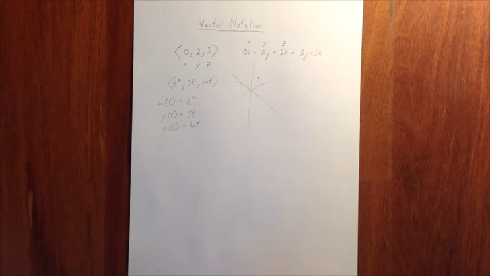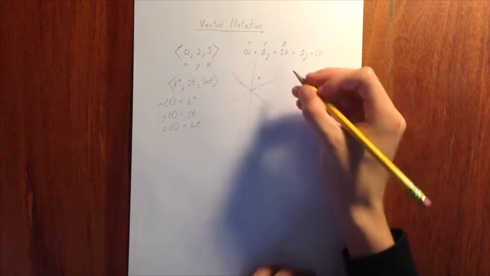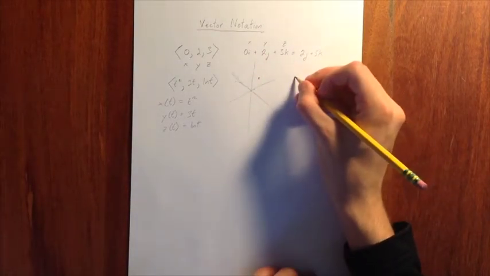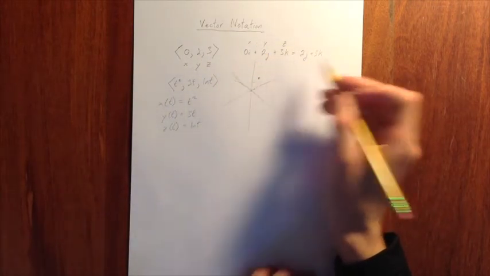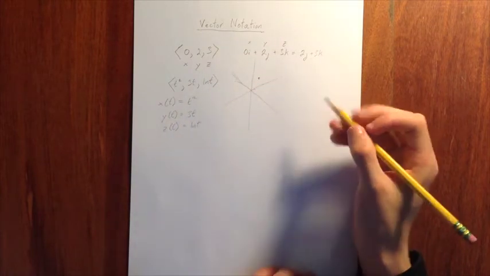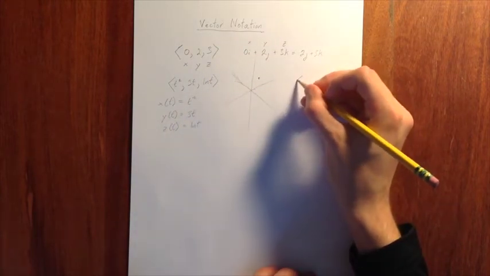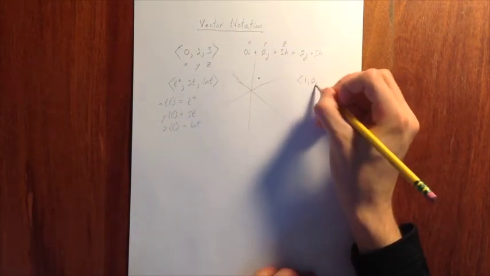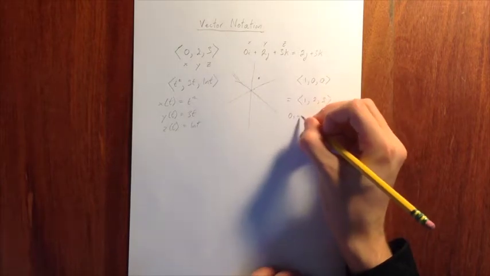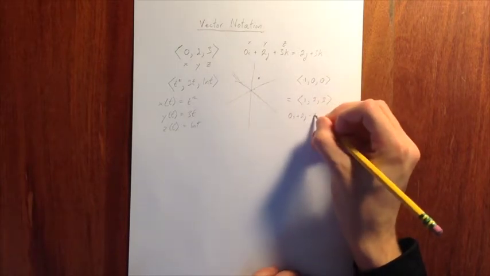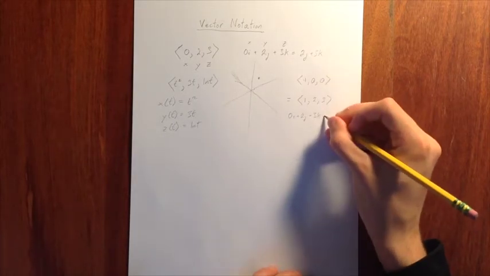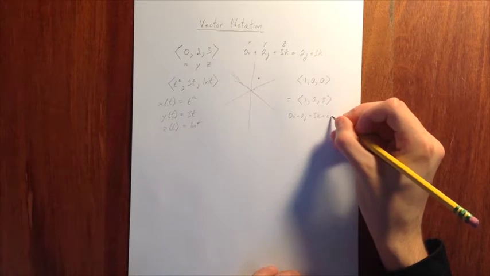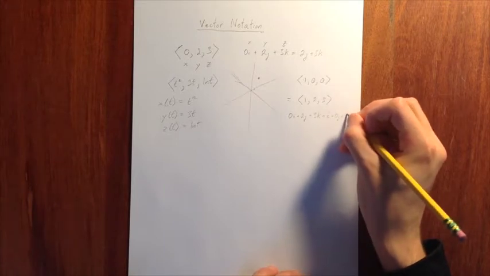However, they also can't be combined across each other. So if you have something like another vector that you want to add, let's say you take this vector 0, 2, and 3, and you want to add to it the vector 1, 0, 0. 0i plus 2j plus 3k, and you're adding this new vector in, you just have an i, a 0j, and a 0k.